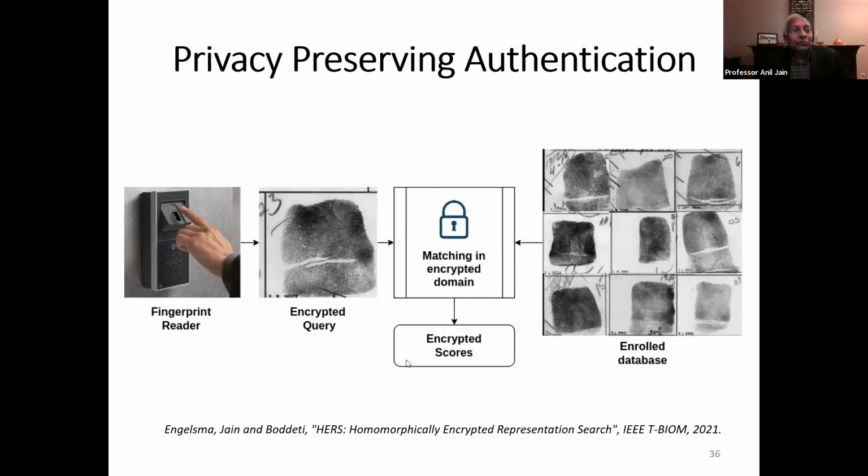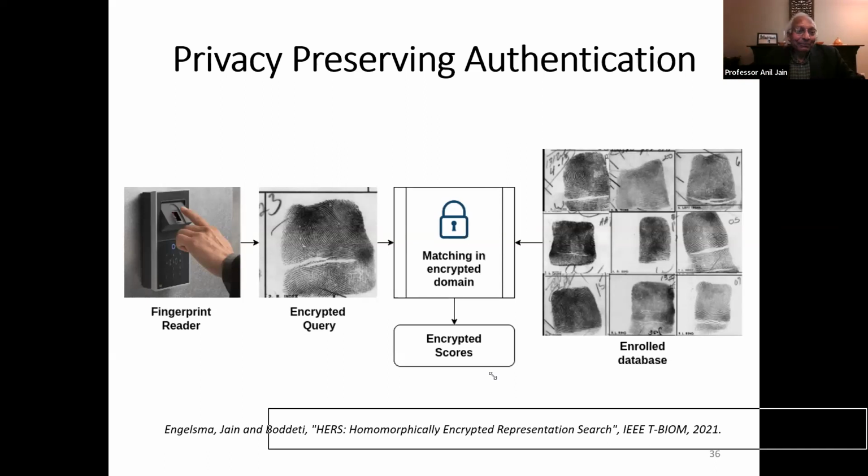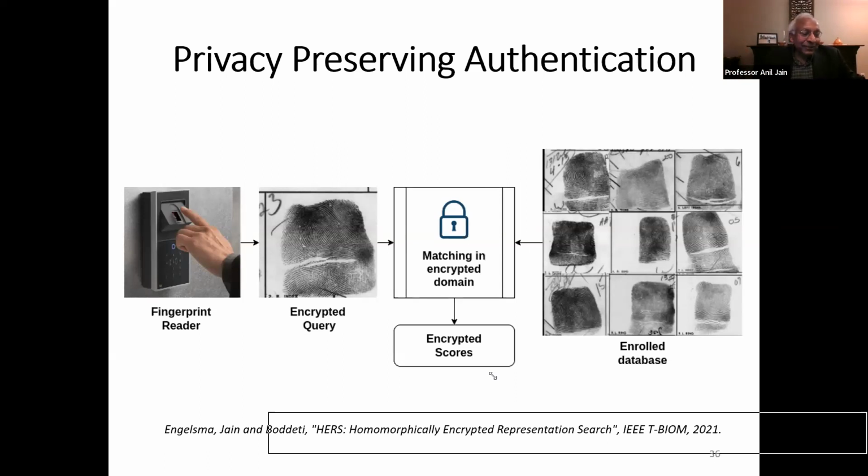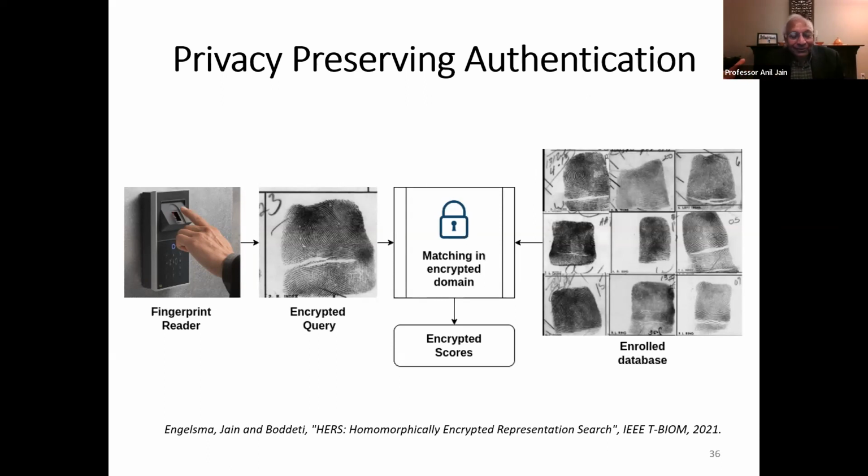But when you have a deep network, it is very difficult. Just imagine somebody, John, is convicted of a crime, and the defense brings one deep network which says the score is very low, and the prosecution brings another deep network which says the score is very high. Now how do we resolve this?